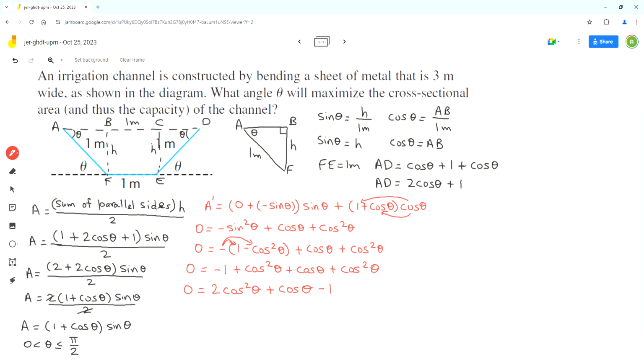So we can do factoring to factor this quadratic equation. If we use the crisscross method, the factors of 2 are 2 and 1, and the factors of negative 1 can be negative 1 and 1, and if we cross multiply, we should get a sum of 1, the coefficient of cos theta.